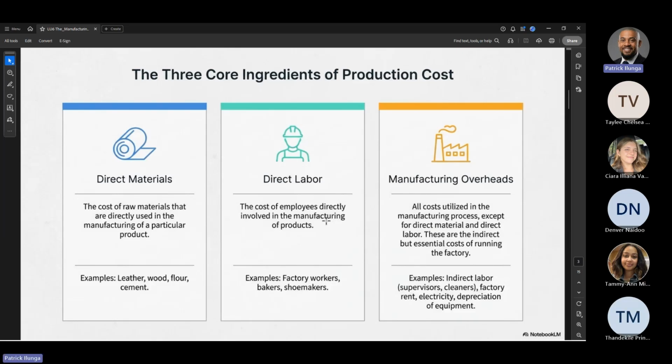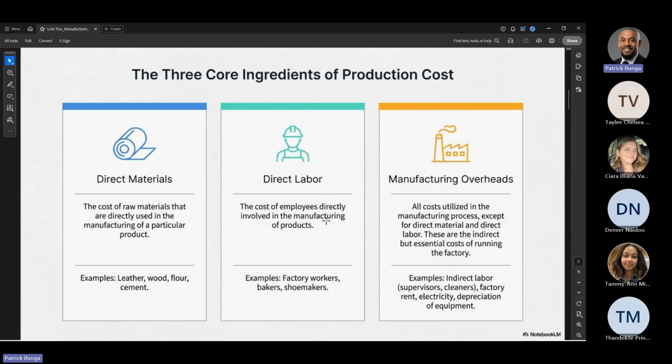So direct labor, and we have manufacturing overhead. What did we say about manufacturing overhead? We said anything that is not direct material and not direct labor. So we are talking about everything that is indirect. But even though it is indirect, it is essential for the manufacturing. What are we talking about? The supervisor, especially if that supervisor is working on the factory floor?